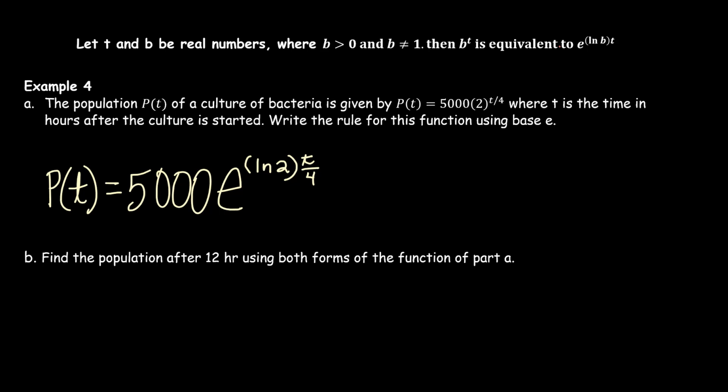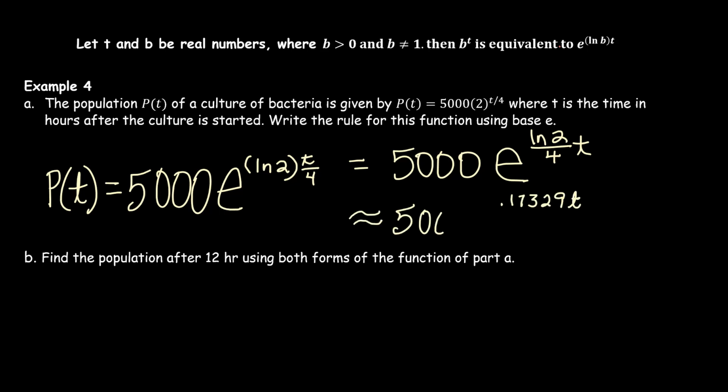Find the population after 12 hours using both forms of the function of part A. So that is 5,000 e raised to the natural log of 2 over 4 times t. And if you punch that into your calculator, you get about 5,000 e to the 0.17329 t.